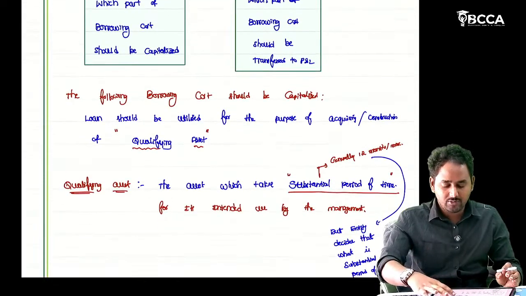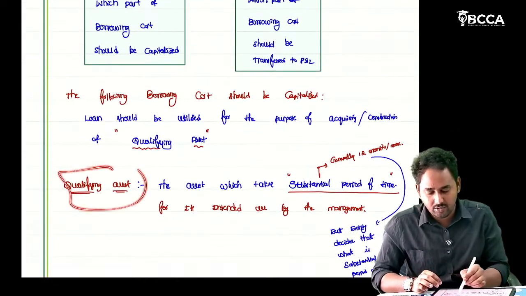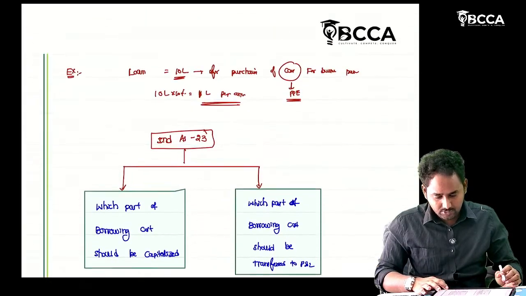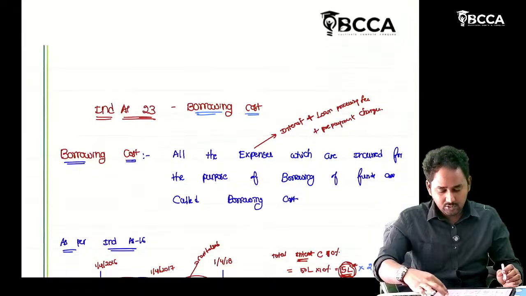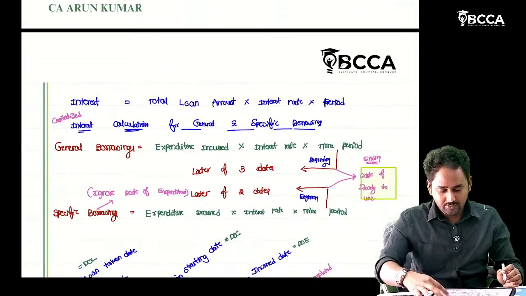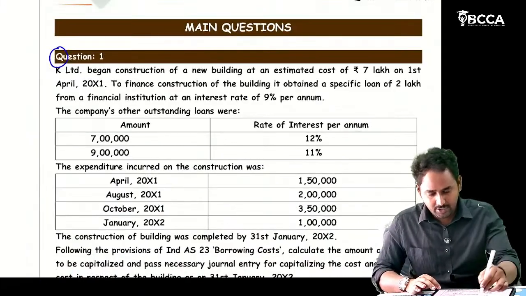Here he did not use the word PPE, he used the word qualifying asset. Why? Because as per Ind AS 23, what is the definition here?